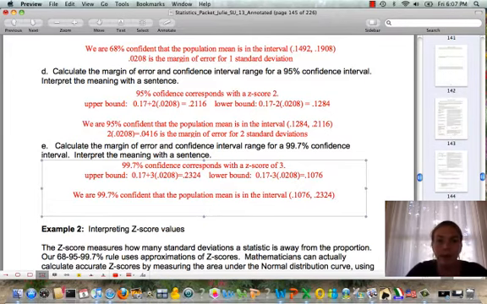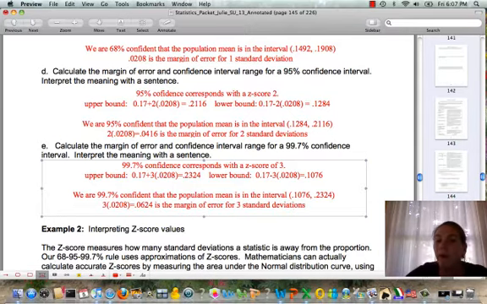And then if we were going to calculate our margin of error, that would be 3 times 0.0208, and that would be 0.0624. And so that's the margin of error for 3 standard deviations.